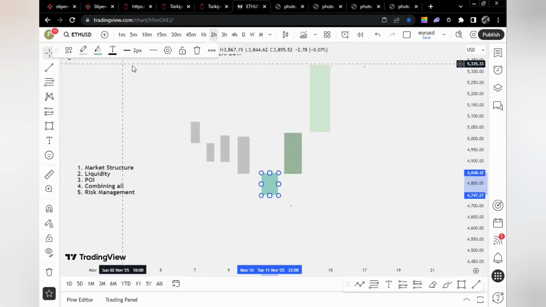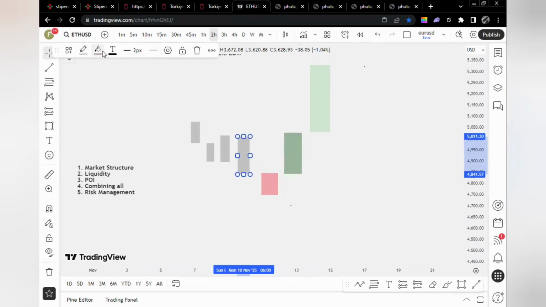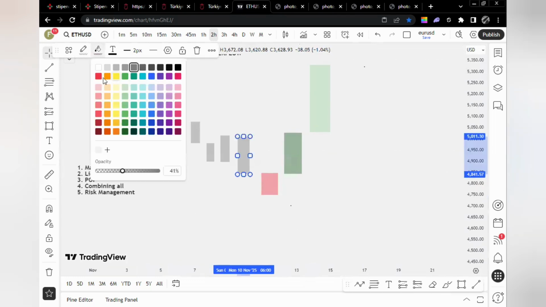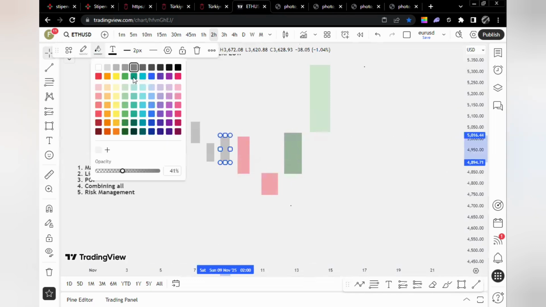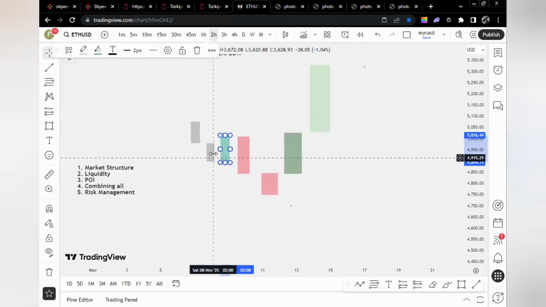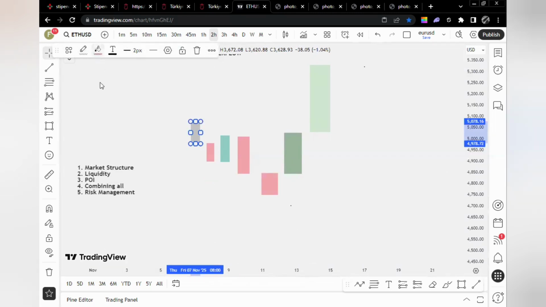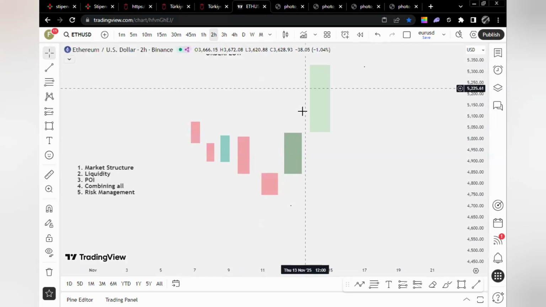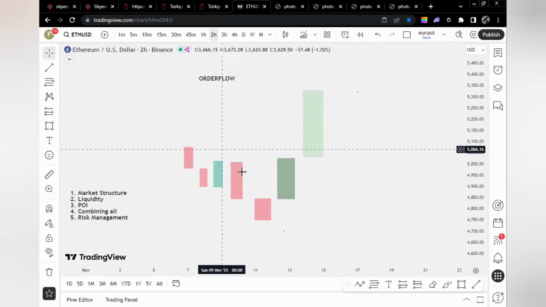No, this is meant to be red. Great, now this looks more like a chart. So you have price doing this, coming down.